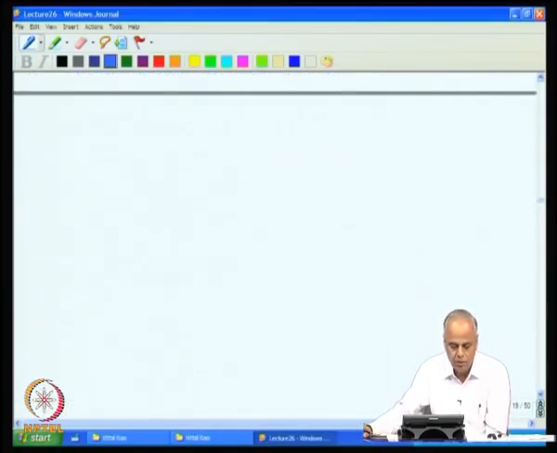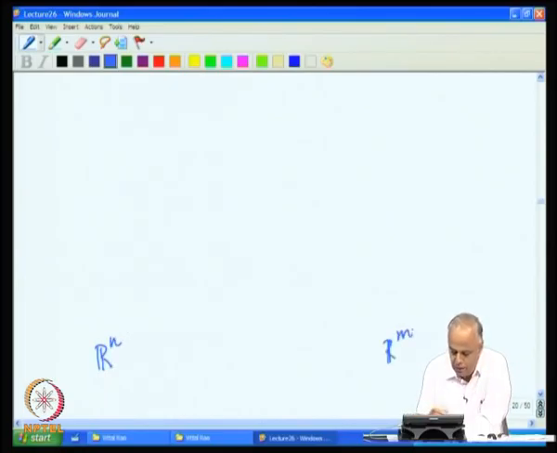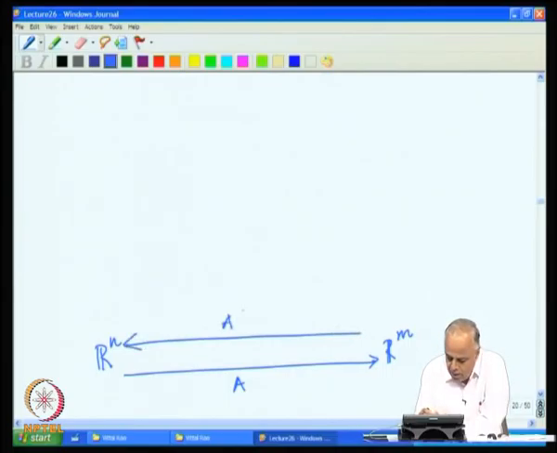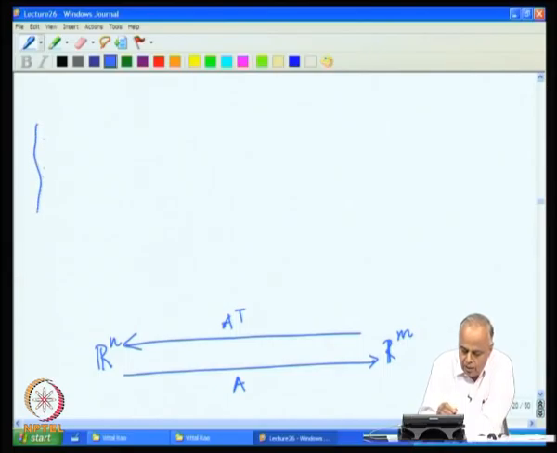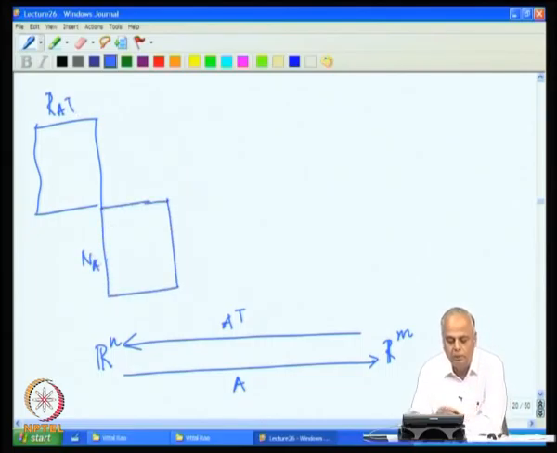So, the matrix and its transpose have the same rank, and secondly these spaces are all orthogonal to each other. So, therefore, the structure is as follows. We have R n on the one side, R m on the other side. A takes n vectors to m vectors, A transpose takes m vectors to n vectors. On the R n side we have two subspaces, the range of A transpose and the null space of A, and they are orthogonal to each other.